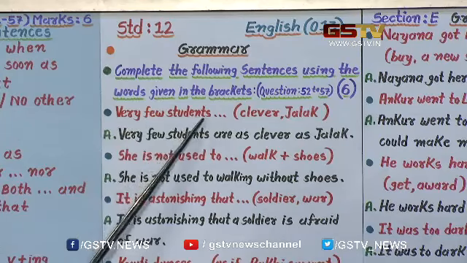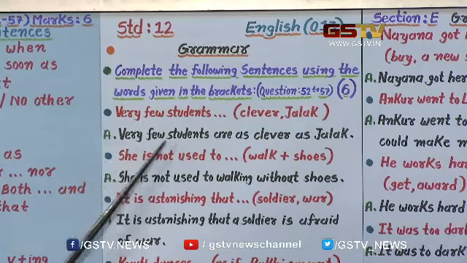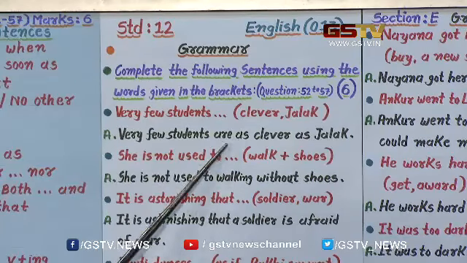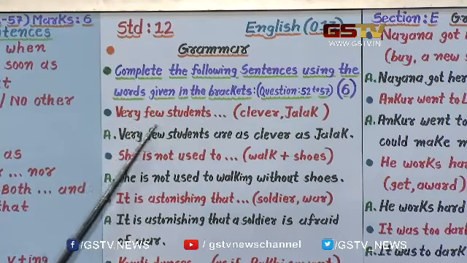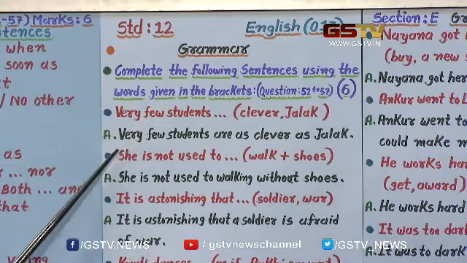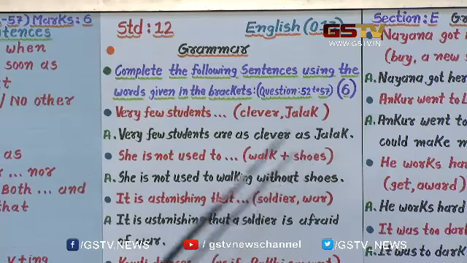Very few students are as clever as Jhalak. So, after seeing this, you have to recognize that this is of degree, and you have to write the complete sentence in this way in the board examination.